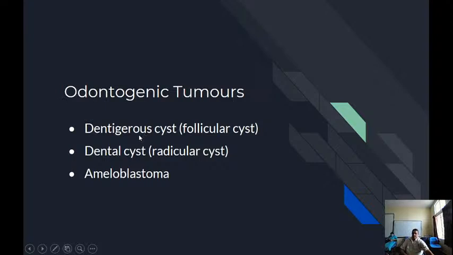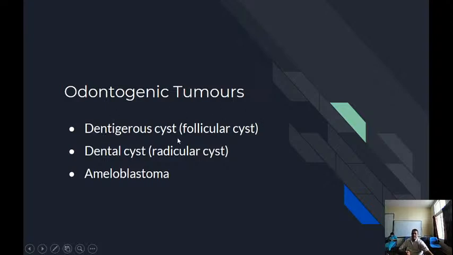So the basic simple cysts, dental cysts, are usually present at the tip of the root of the tooth, from the periodontal tissue or the membrane, and the small cysts that are formed are not tumors. And the dentigerous cyst is a follicular cyst.